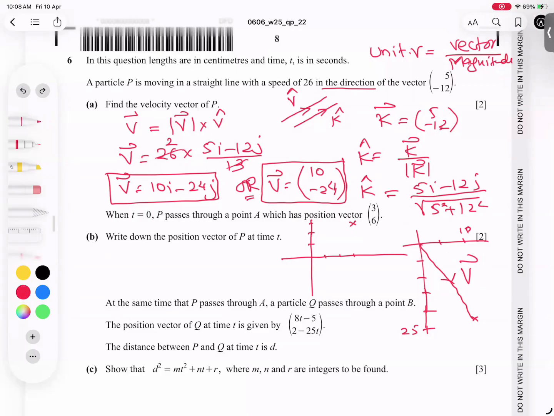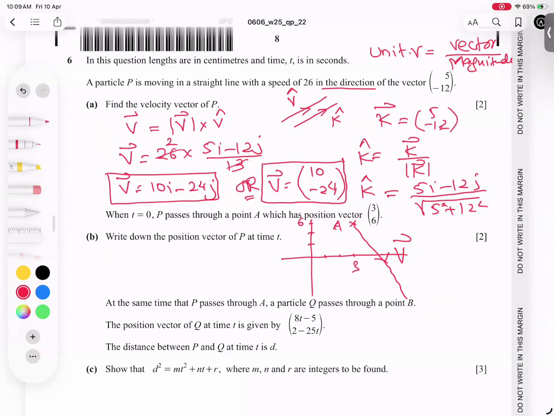I take this velocity vector from here, copy from here, and paste here. You can see. So I hope you understood. And the other velocity direction, I'm just erasing it because it is not required. Okay, so you can see this is the direction and it starts from which point A? He said it is given as (3, 6).